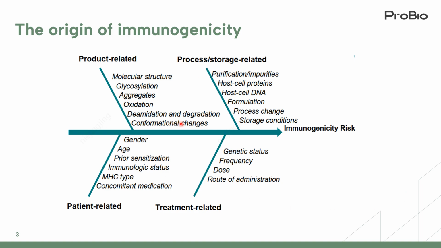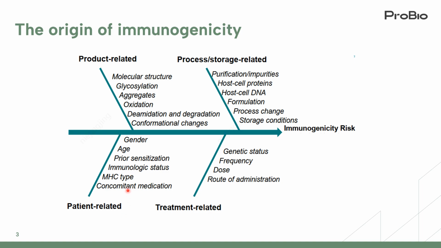There are multiple factors that could contribute to immunogenicity. In early R&D stage, product-related factors such as molecule sequence, structure, post-translational modification are the main players. During the process development stage, formulations, impurities, and storage conditions are also part of the root cause.